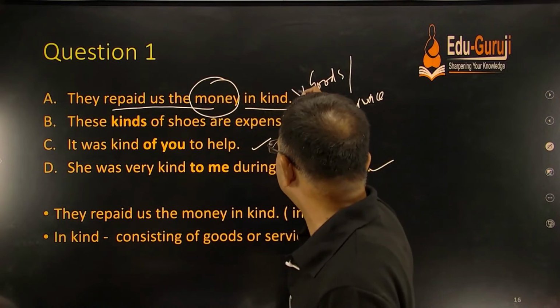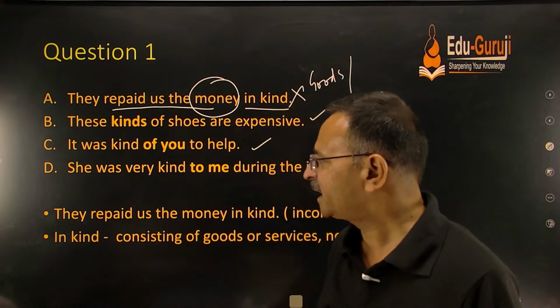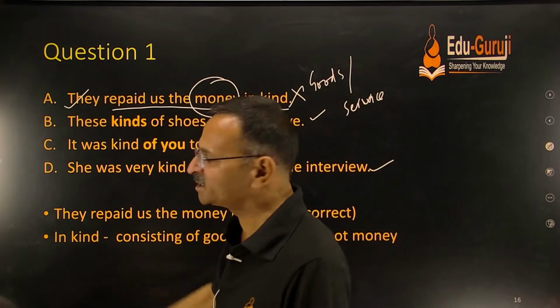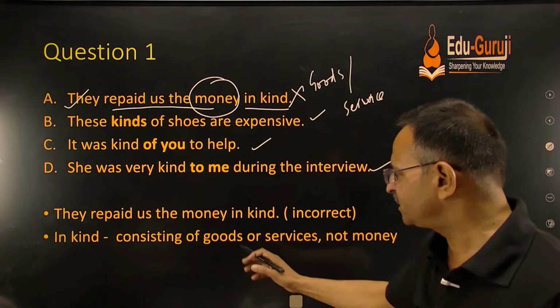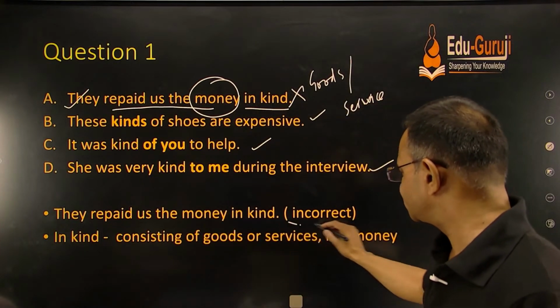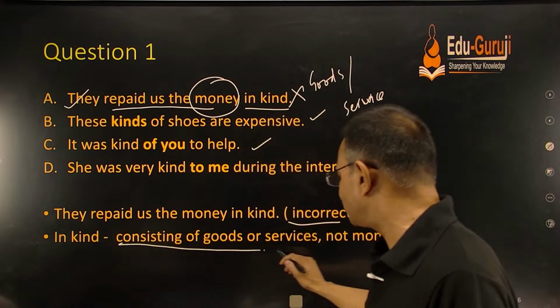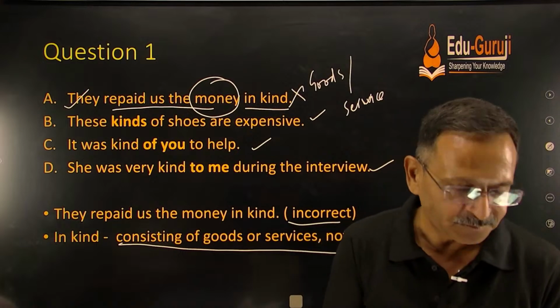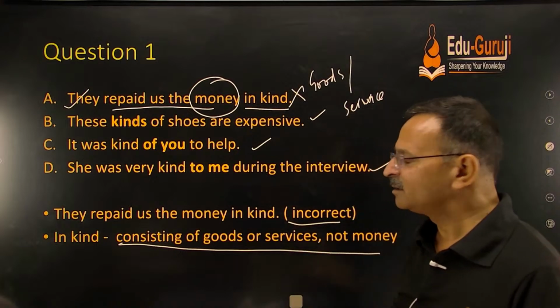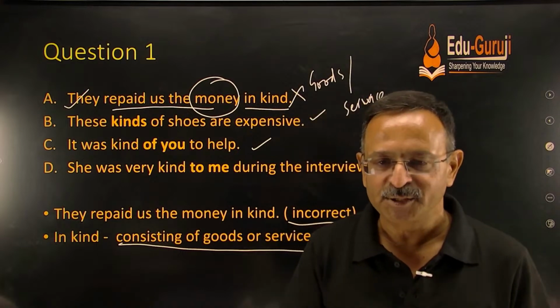So this would be, of course, incorrect. And this is our correct option. They repaid us the money in kind is incorrect. In kind consists of goods or services, not money. So I am sure it is clear to you.